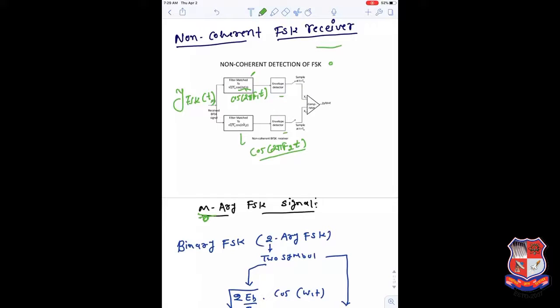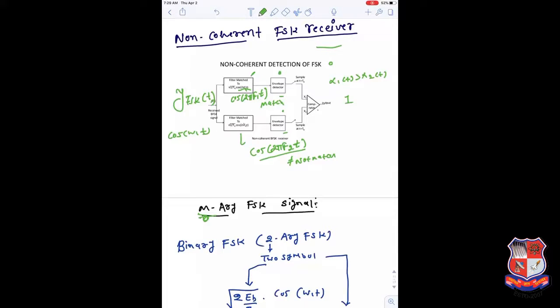If your signal has the term cos 2 pi f2t, it perfectly matches and generates the best outcome. In the first case, if we are receiving the cos omega 1t signal, this will match and this will not match. So the upper branch generates output, as the envelope detector will detect the envelope. So x1 of t here is larger than x2 of t, and the comparator will take the difference and generate the positive pulse.